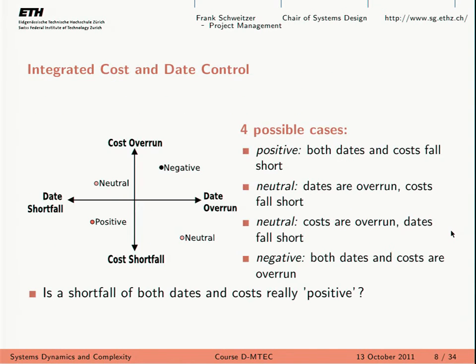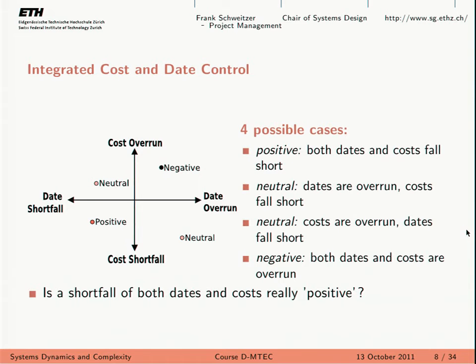All right, another way to keep track of our success or the milestone success is this so-called integrated cost and date control. The idea is also simple. You have, in this case, a two-dimensional space with the important dimensions that you care about. For example, here we care about time and costs, but of course you can add as many dimensions as you want.